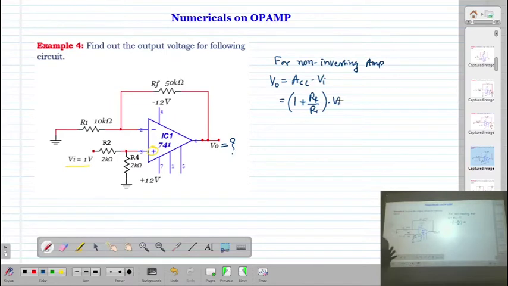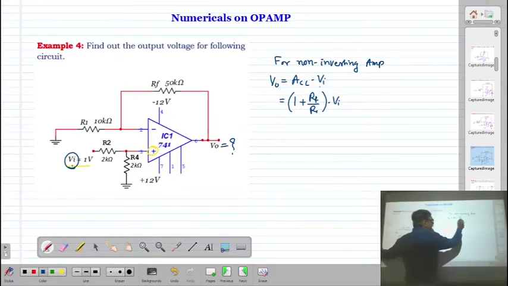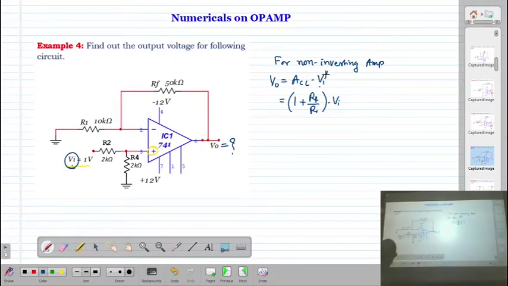But now remember, this VI is not as you say it is given in the example. Whatever the VI is here, it is VI dash. So what does this VI dash mean? It is the voltage appearing at the non-inverting terminal.